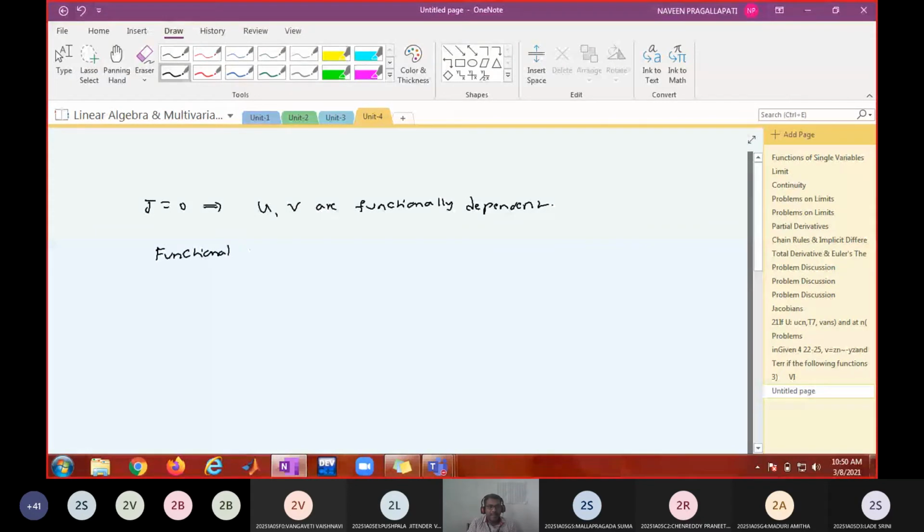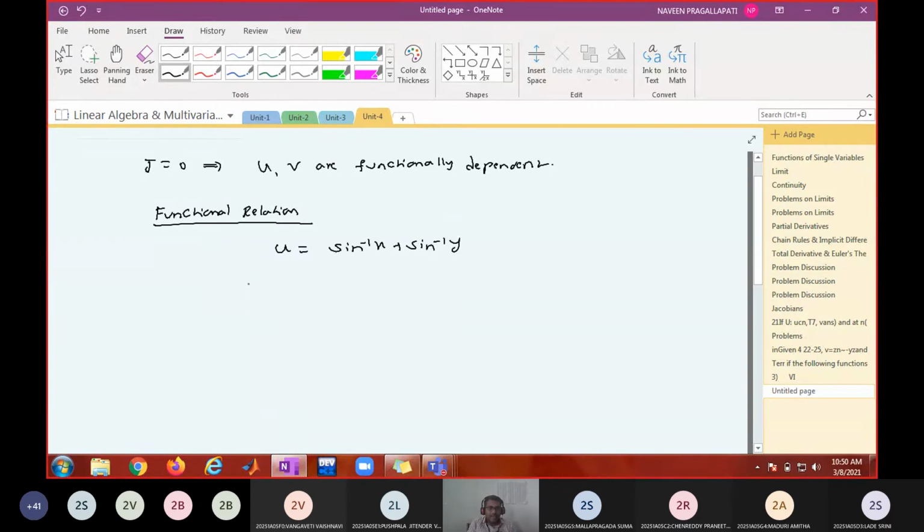I think that's trigonometrical. You have to apply sine on both sides, right? What is it? U equal to sine inverse x plus sine inverse y. Okay. So do you have to apply sine on both sides? Can you tell me how do you establish the relation? Sine U equal to sine of sine inverse x plus sine inverse y.